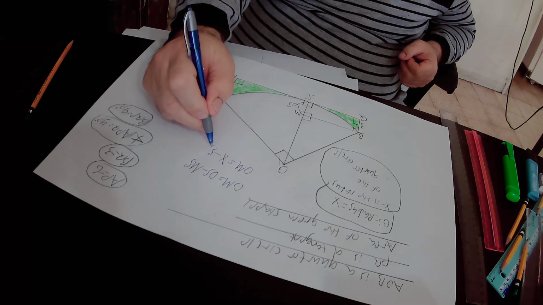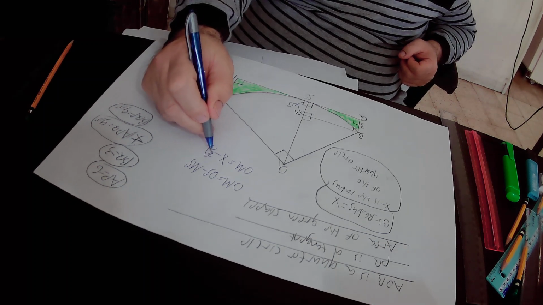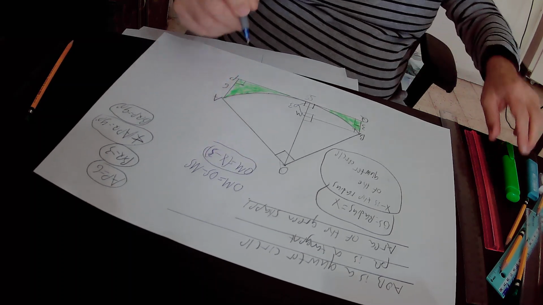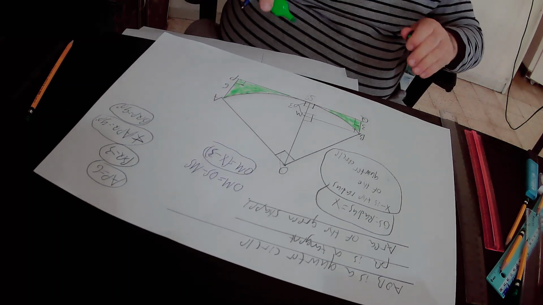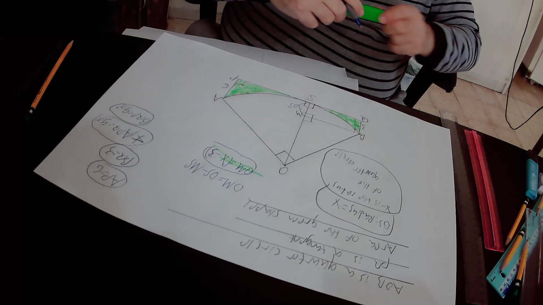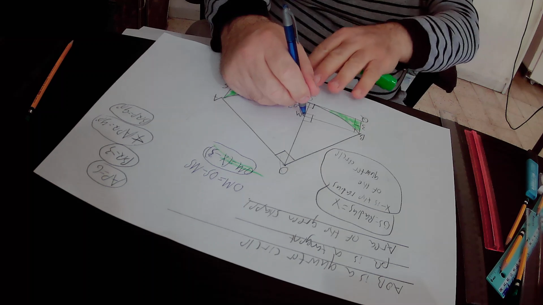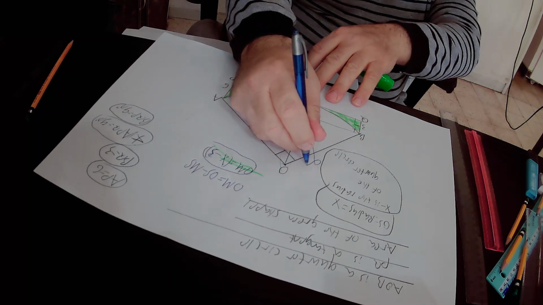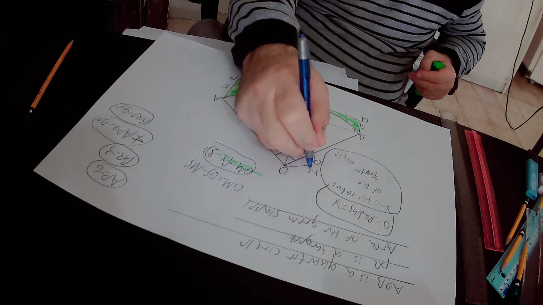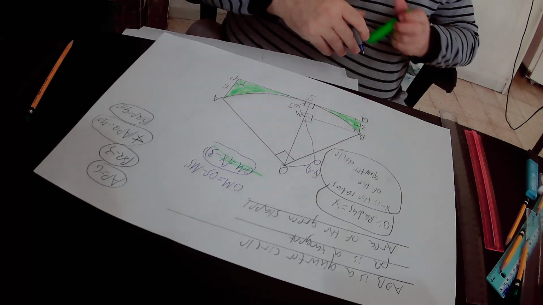So in total, OM equals X minus 3 units in its length. So I write it down in the Roman itself. Line segment OM is equal to X minus 3 units in its length.